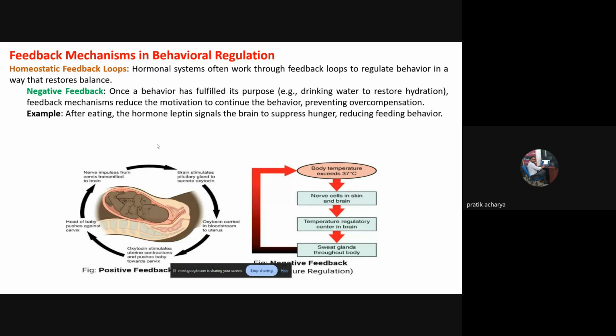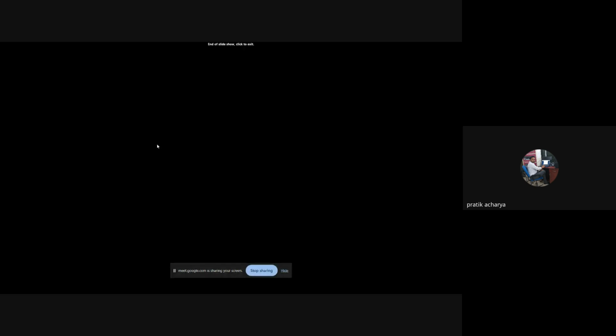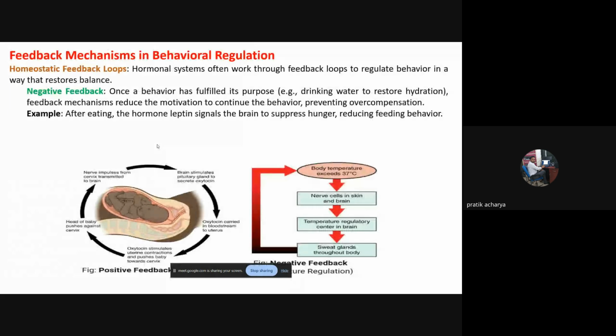So this feedback mechanism is very essential for animal behavior. These are all about different controls of behavior. I think everyone is getting a certain idea about this kind of behavior and its regulating pattern. Okay, I'm moving to the next slide.